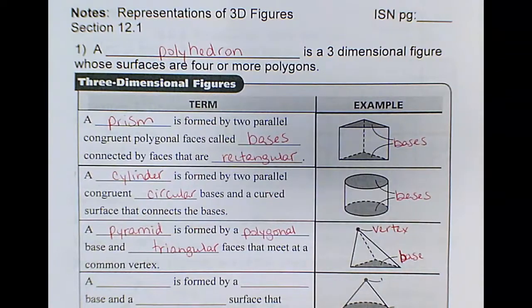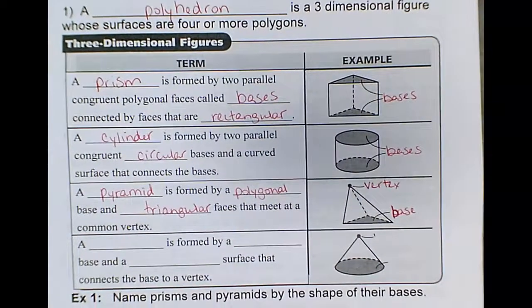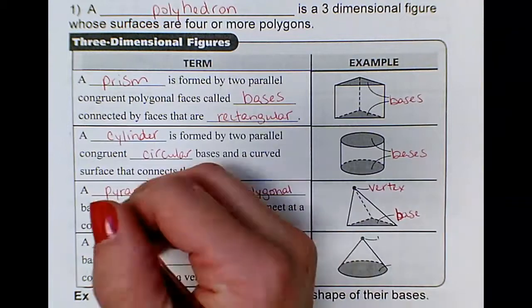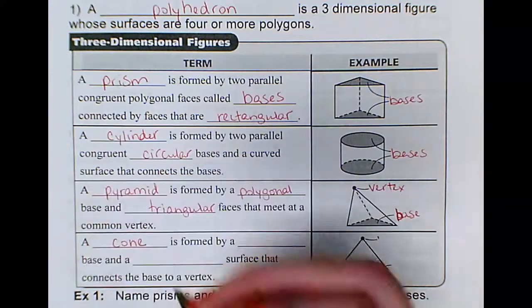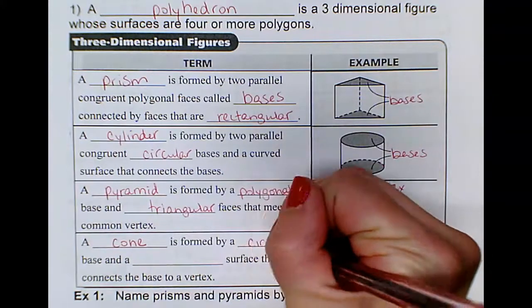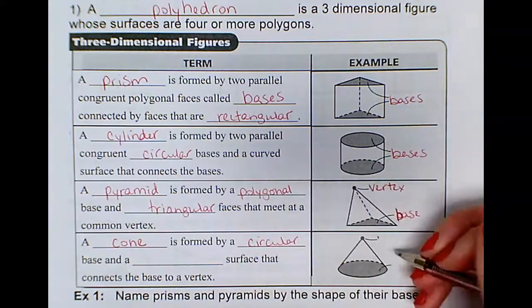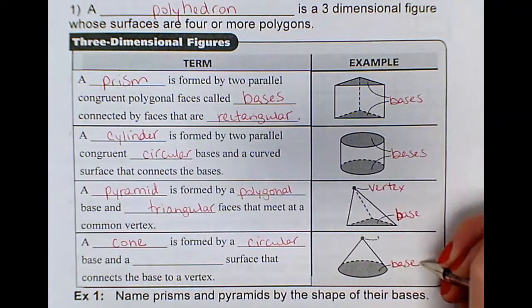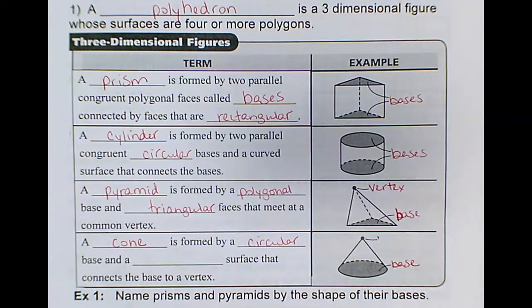And then the last three-dimensional figure we want to discuss on the front side of these notes is a cone. And the cone is kind of a hybrid. It's got some properties of a pyramid and some properties of a cylinder. So a cone is formed by a circular base. So just one, here's my base. And a curved surface that connects the base to a vertex.